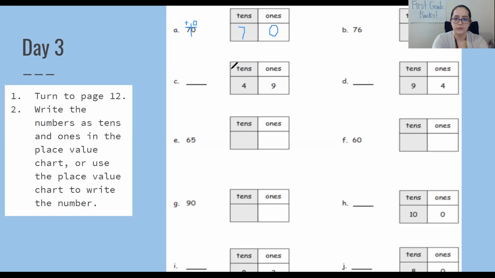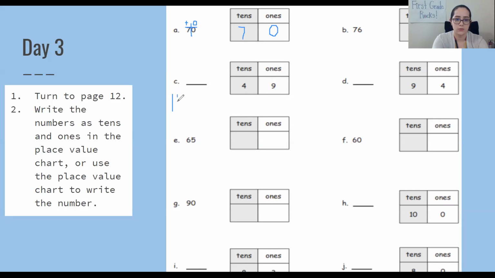Or you'll have like example C, where it gives you the number in the place value chart and you just have to write the number in. So I have 4 tens and 9 ones. All right, and if students want to draw it out, they can.